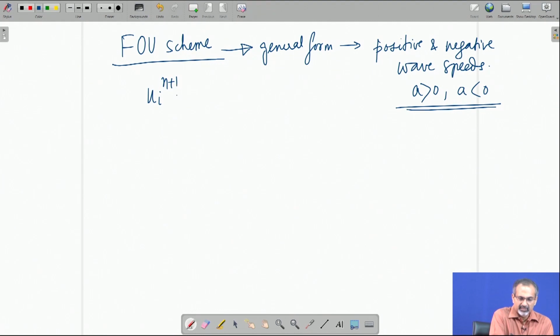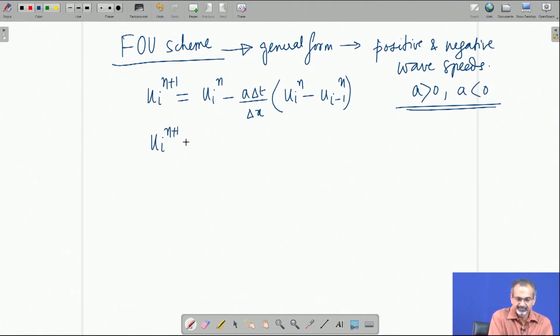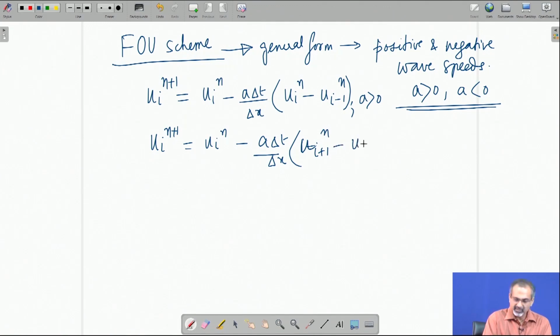So, we write down the discretization for the FOU scheme first, where A is greater than 0. As you remember, this would be the FTBS scheme, the backward differencing in space, and this is for A greater than 0, and when it is for A less than 0, then you essentially have the FTFS scheme.